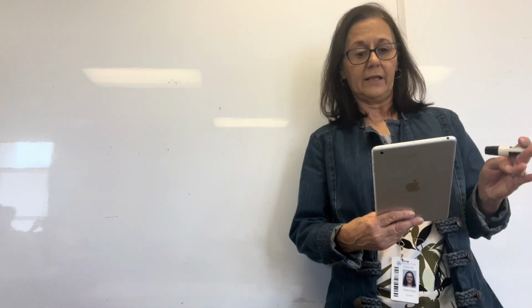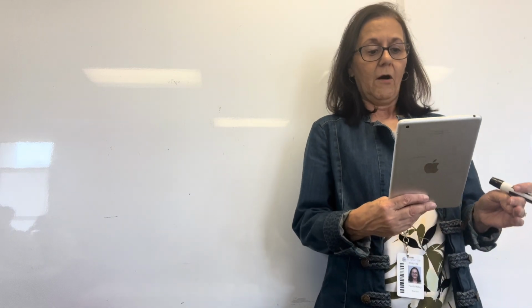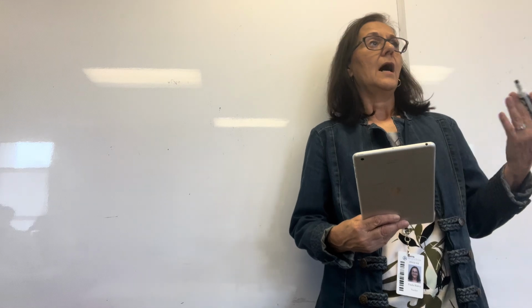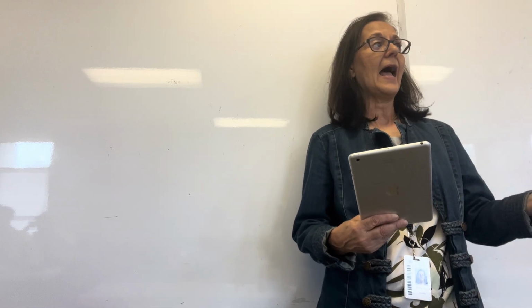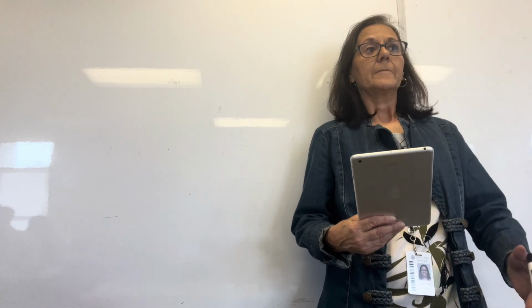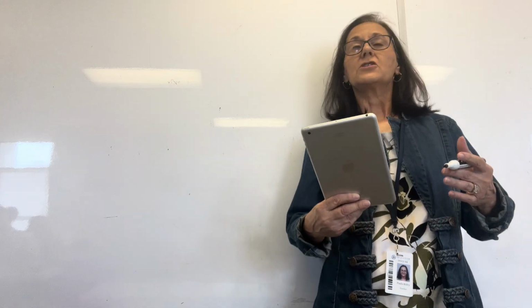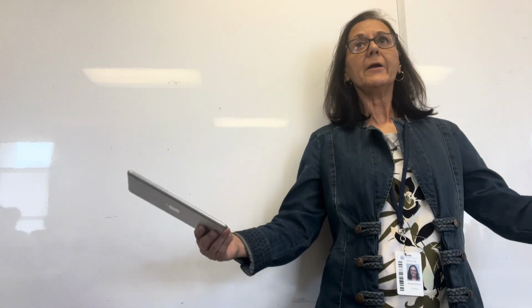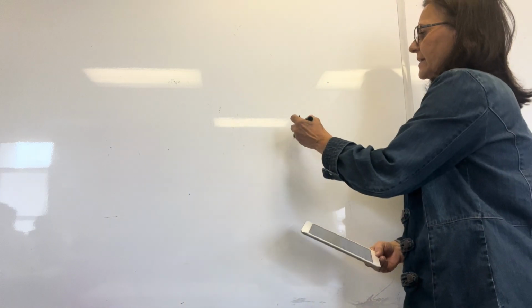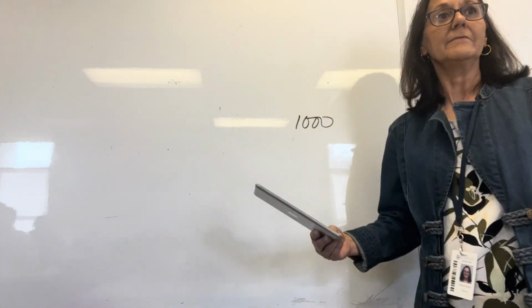We actually did this last year, but we really didn't do a lot of this. All right, so this is when a substance has a half-life. Let's say the half-life is 1,000 years, okay?